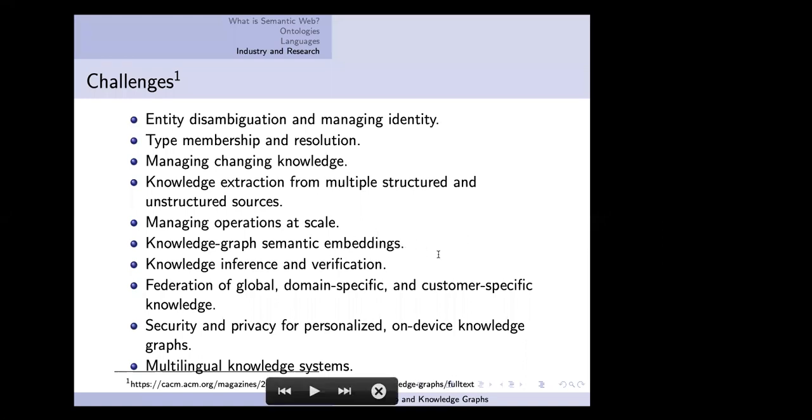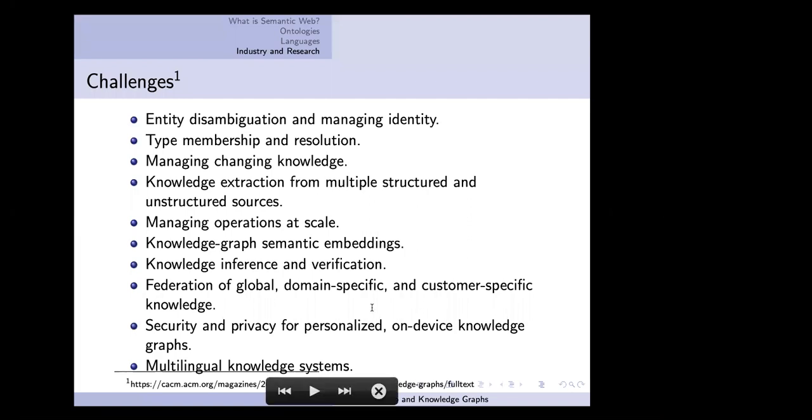Also, semantic embeddings are a topic if you try to combine it with machine learning, right? So we can use knowledge graphs to generate embeddings for a machine learning model and use it there to solve a machine learning problem and improve basically the data quality for machine learning. Inference and verification. So we actually want to find how truthful facts are, which is a huge question at the moment from a political perspective, to be able to quickly verify if information provided to you from several sources is correct.